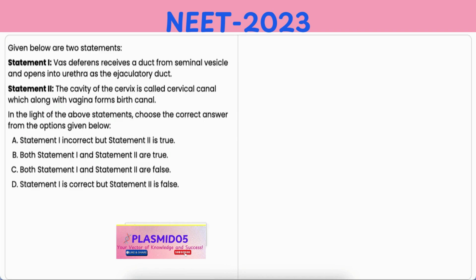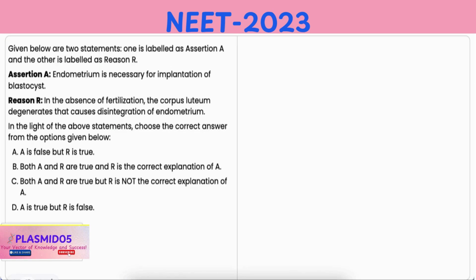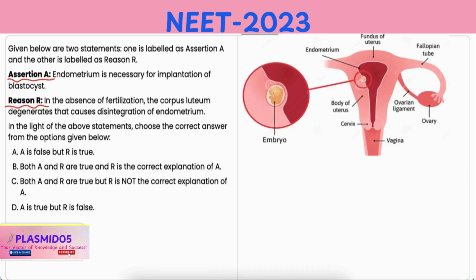In this question, two statements are given. One is assertion and the other is the reason. And in the light of these two statements, you have to choose the correct option. Now, both the assertion and reason are correct, but the reason does not adequately explain why the endometrium is necessary for blastocyst implantation.